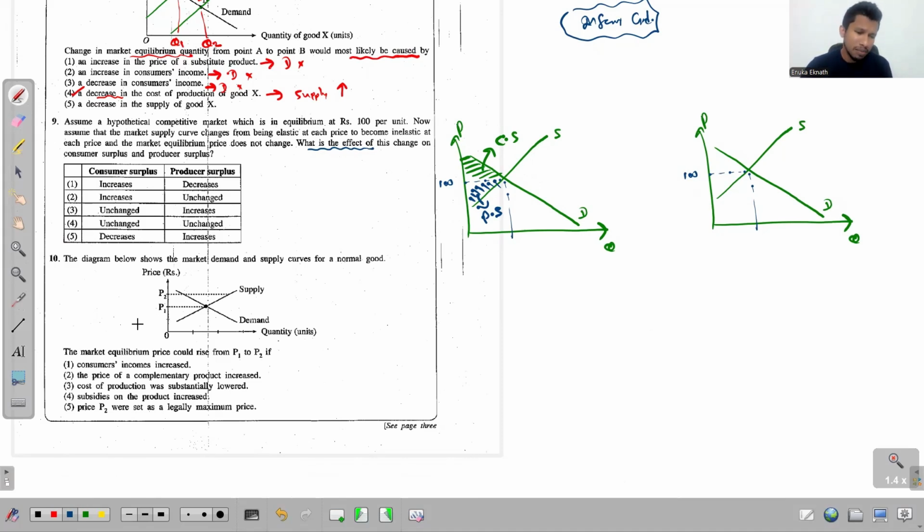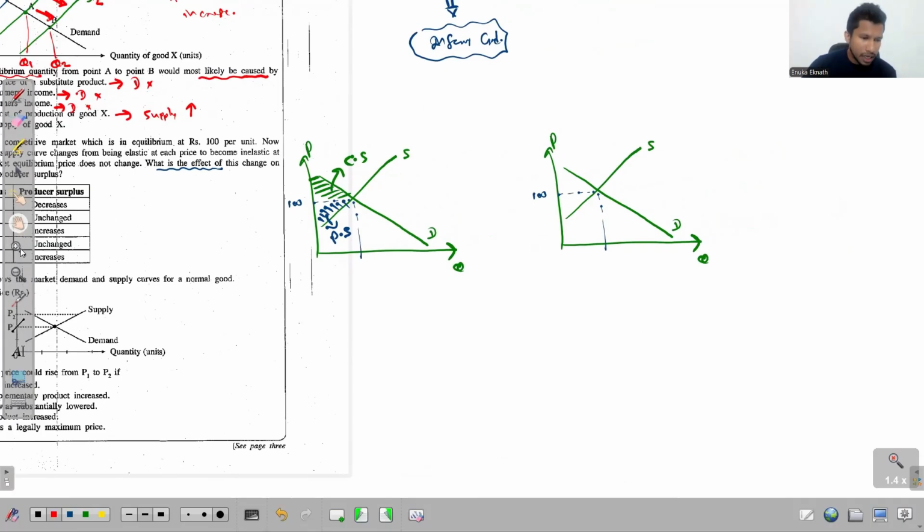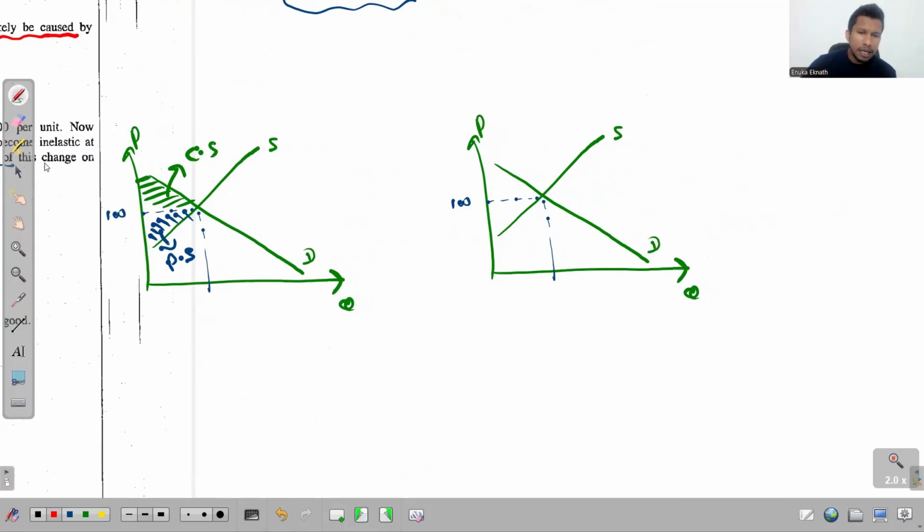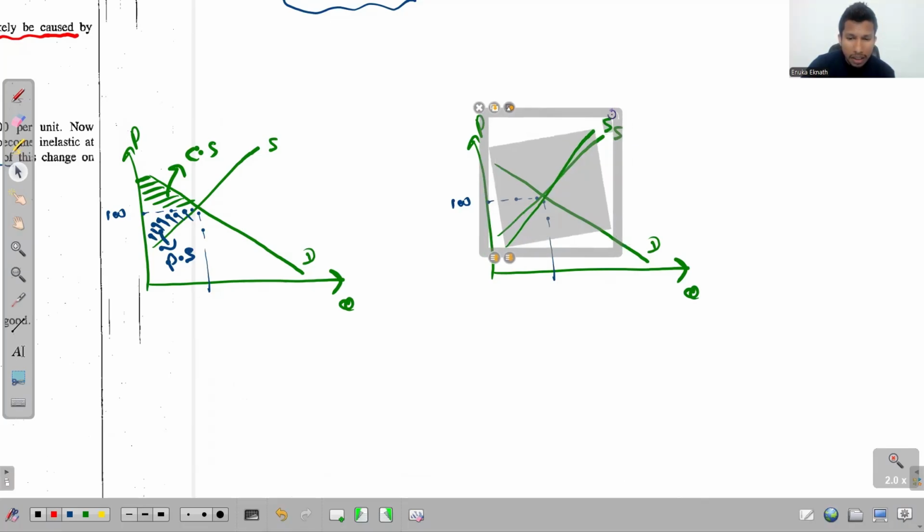But now, you know what happens? The shape of the supply curve changes. It changes this way. The central point must be at the same point, because nothing happens to the equilibrium, but the supply curve becomes more inelastic now.